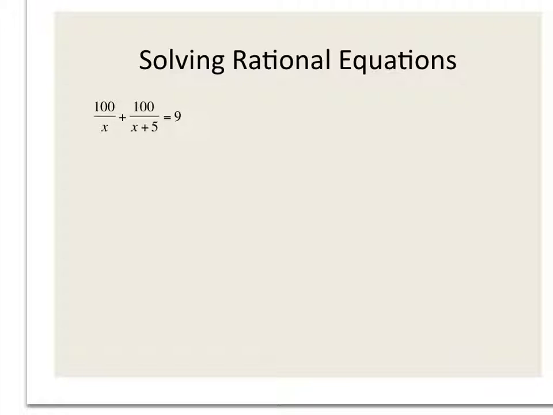So let's simplify here. We get 100x plus 500 through distribution plus 100x equals 9x squared plus 45x. I'm going to move the right side over by subtracting 9x squared and subtracting 45x.